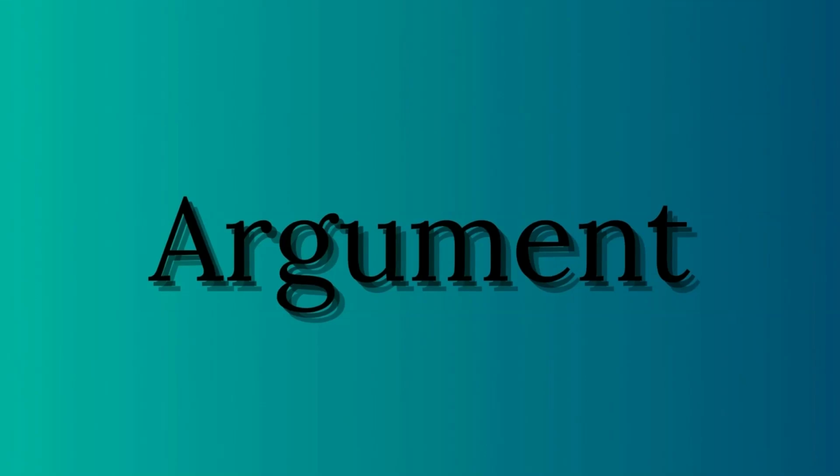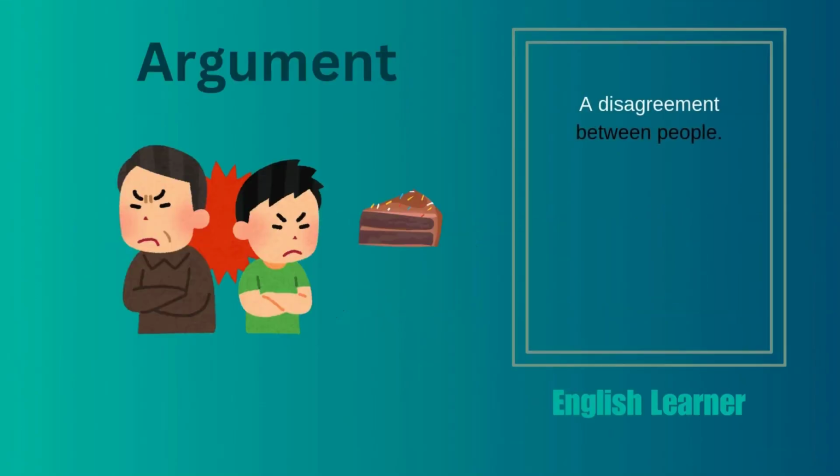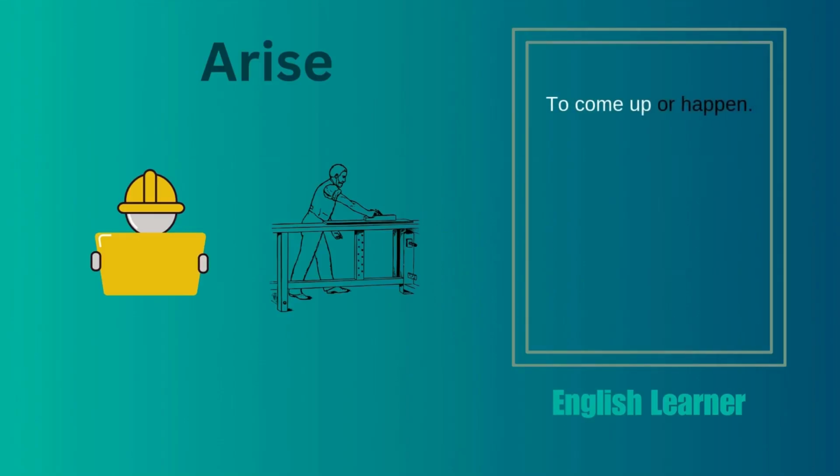Argument. A disagreement between people. Example. The brothers had an argument over the last piece of cake. Arise. To come up or happen. Example. A problem may arise if we don't plan well.